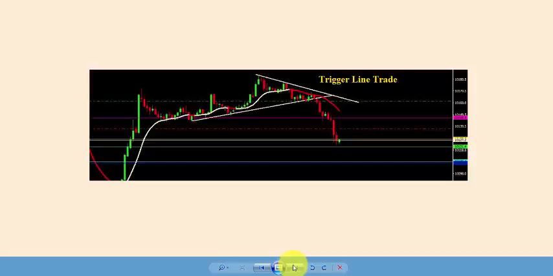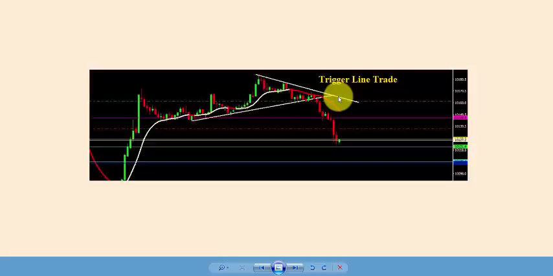This is another trigger line trade. As you can see, a nice move to the upside. Your longs would have been stopped out. And then we have very strong resistance here. Now, a key point for success in trading: you've got to identify your support and resistances.